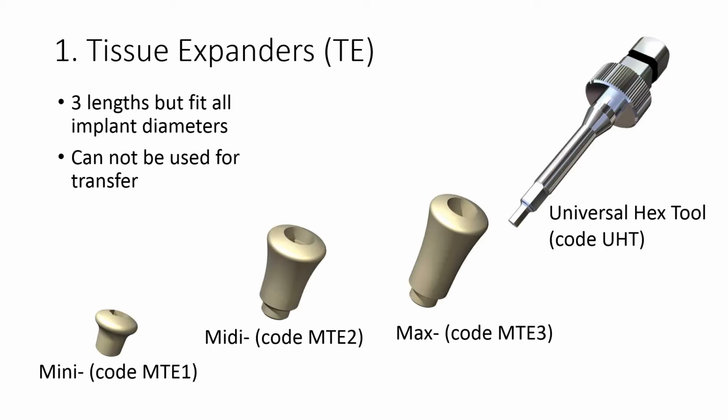Well, first let's look at tissue expanders. Now we have three lengths, and it's important to realize that all three lengths fit all diameters of implants. The selection and choice of length will be covered in our blended learning and training programs.